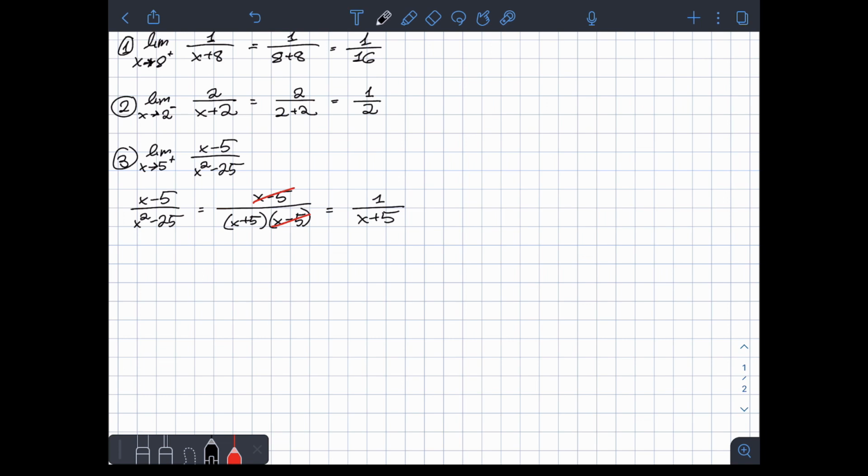That won't give us any issues, so we say this limit is equal to the limit as x approaches 5 from the right of 1 over x plus 5. Again, this function at 5 has a limit, and if it has a limit, then the limit as it approaches 5 from the right is going to be that value. So we end up with 1 over 5 plus 5, which is 1 over 10.